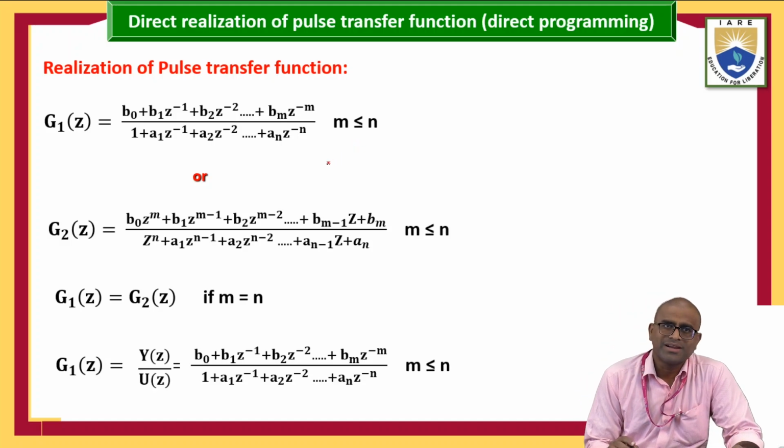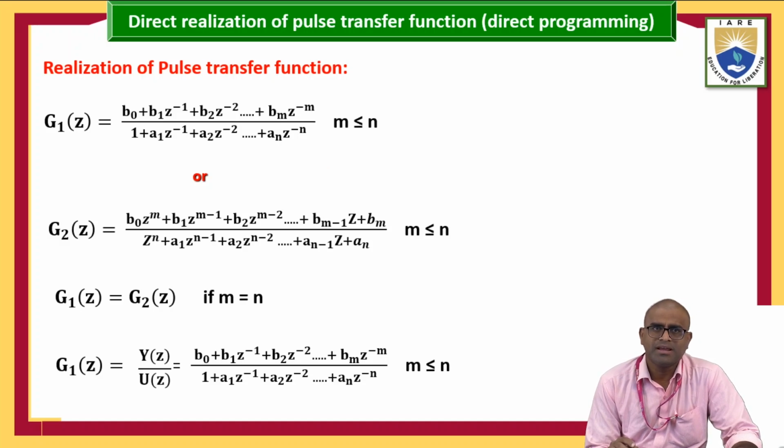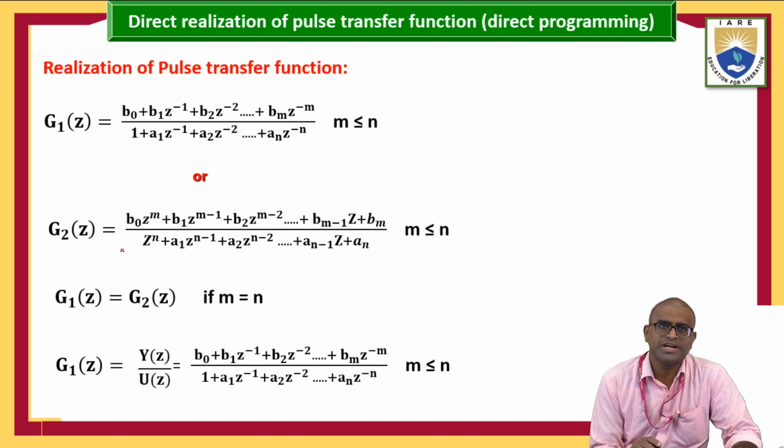For the realization process, I am taking one more transfer function, that is G2 of Z. In G2 of Z, we are going to take the zero values, the numerical terms, that is called the zero values. The transfer function is B0 into Z to the power m plus B1 into Z to the power m minus 1 plus B2 into Z to the power m minus 2, like this.